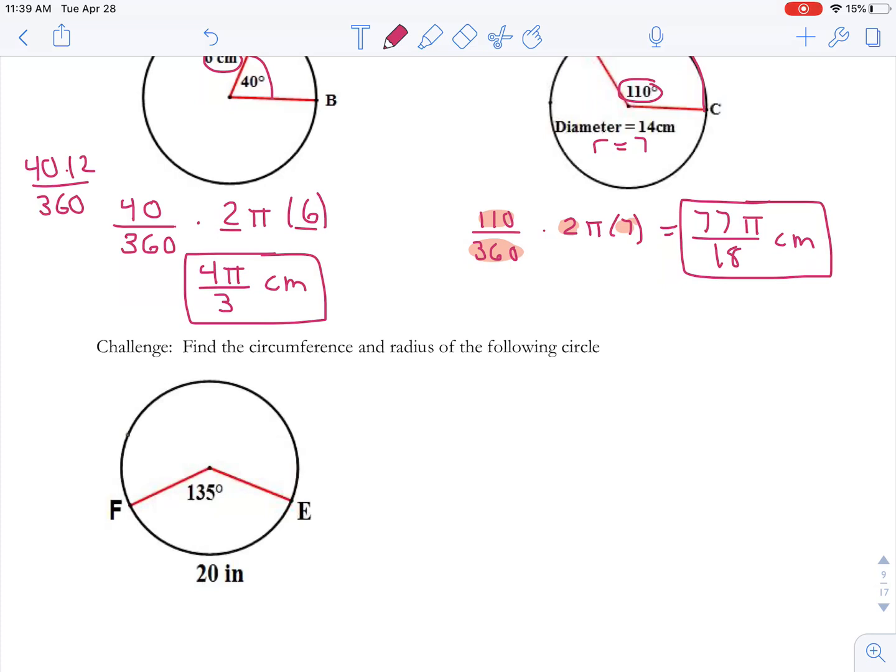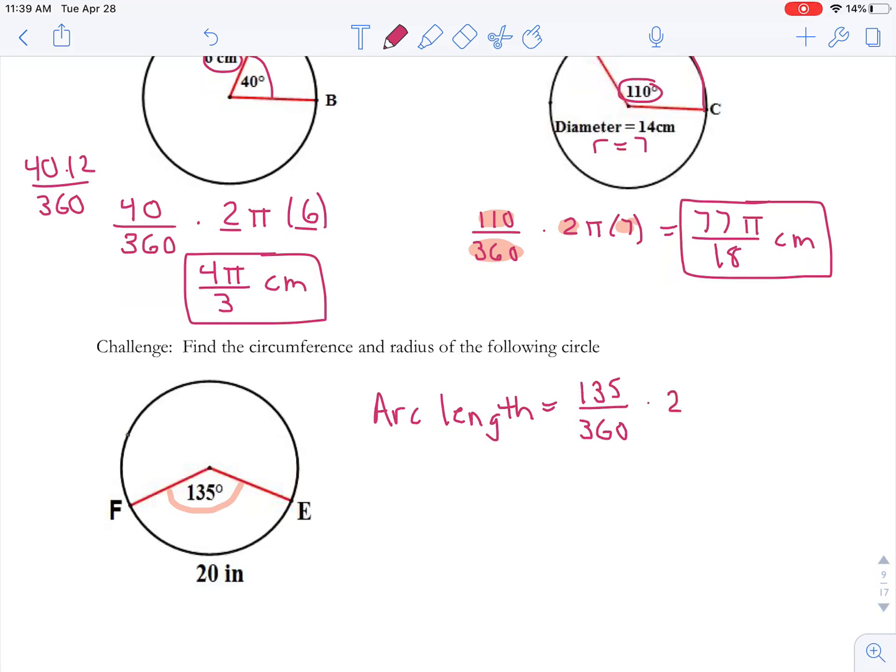Then we've got a challenge one here. Find the circumference and radius of this circle. Okay, so we're given that this arc has 135 degrees for its measure. And so we think about the formula, the arc length is equal to the measure, right?